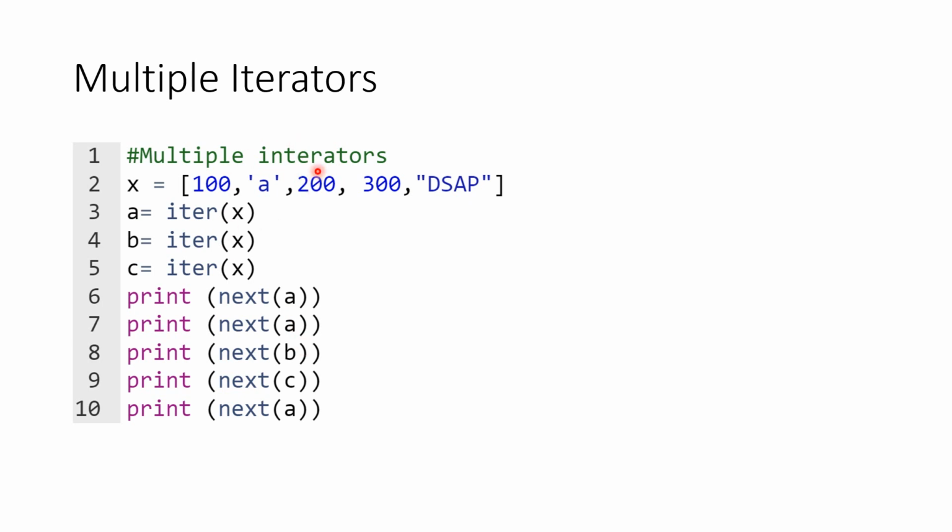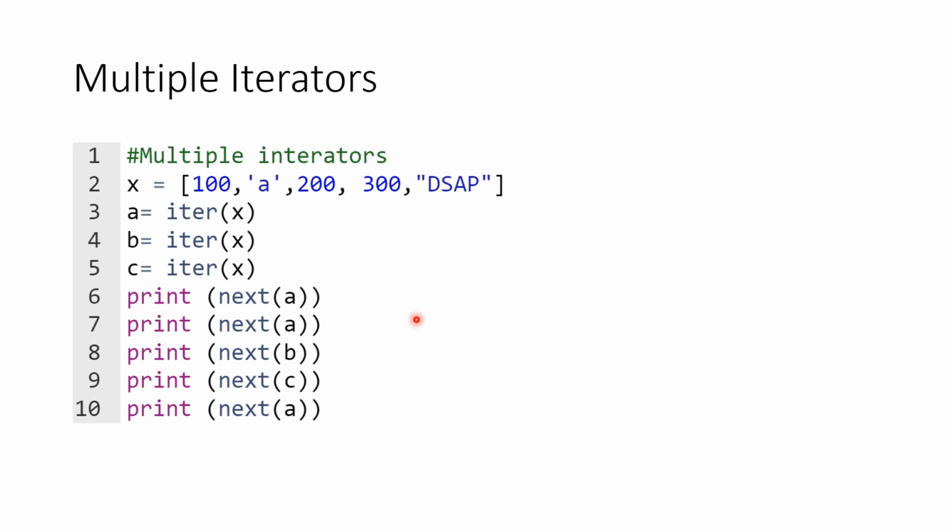When you use the A object, the next index will be 2 only. So like this, we can access the iterable using multiple iterators. It's a very good convenience that we have in Python.